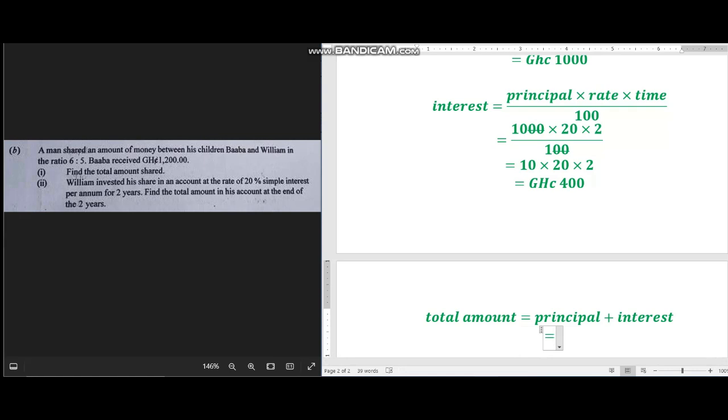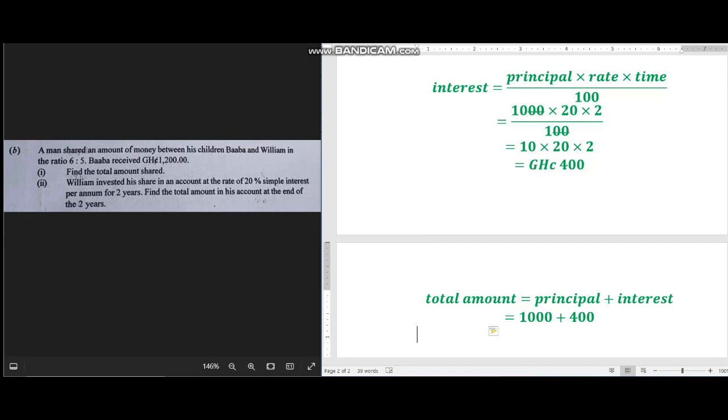The principal is 1,000 Ghana cedis plus the interest is 400 Ghana cedis, and this will finally give us 1,400 Ghana cedis. So this is the final answer for part II: 1,400 Ghana cedis.